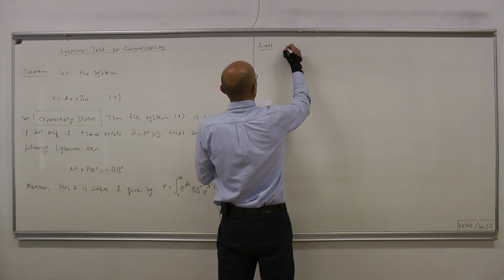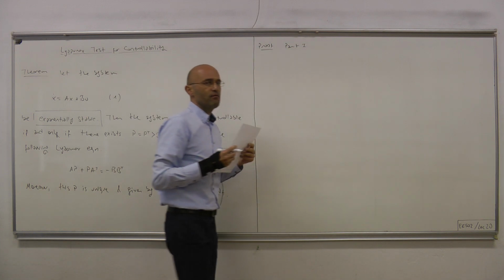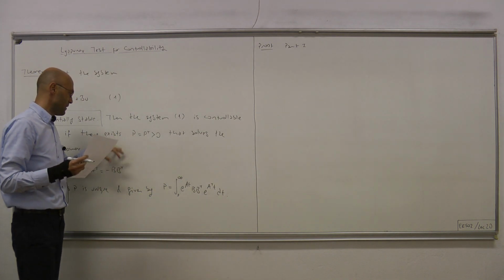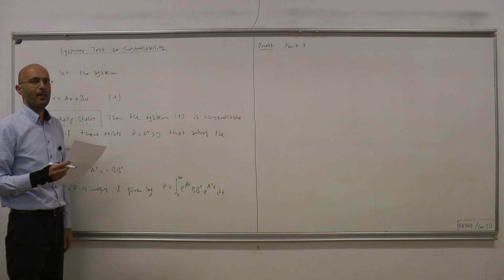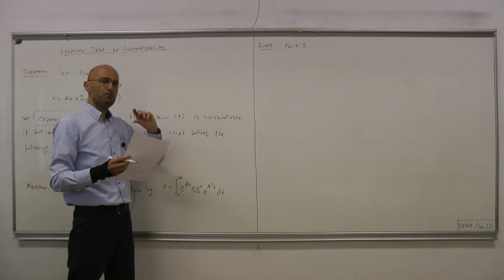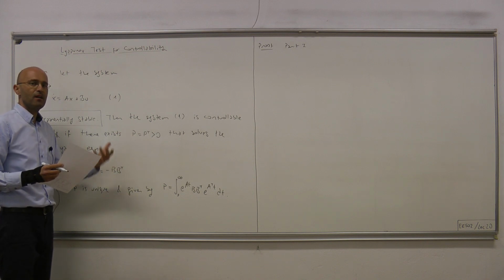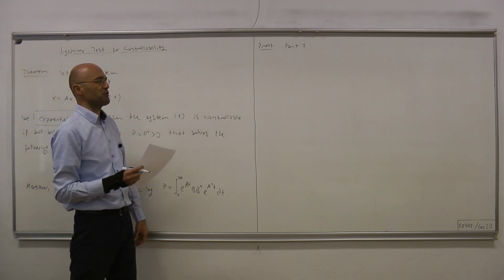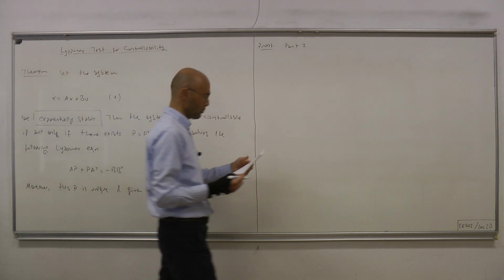Part 1, we're going to show that if AB is controllable, then the claims concerning this matrix P hold, and then we will show the reverse direction. That is, if we have such a P, then the pair AB must be controllable.